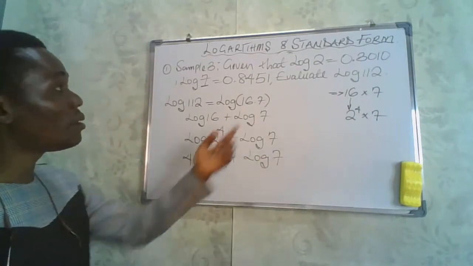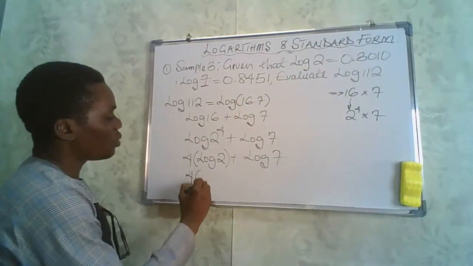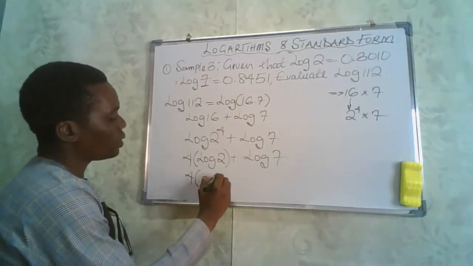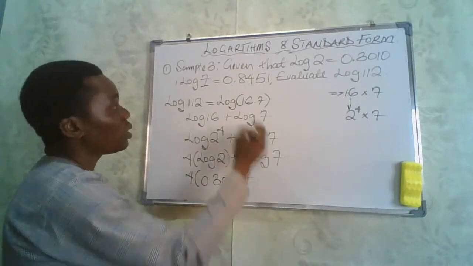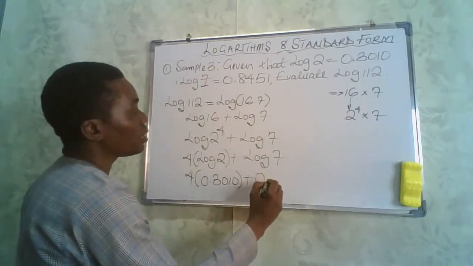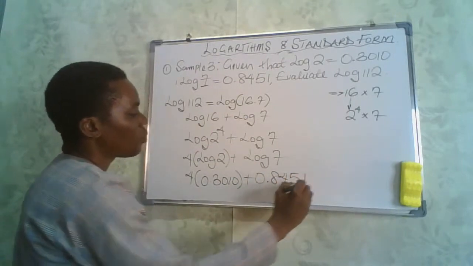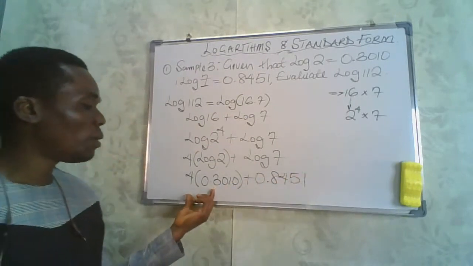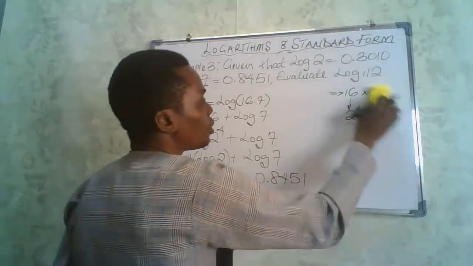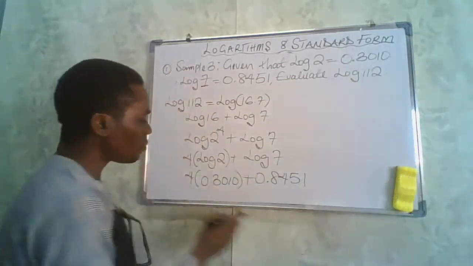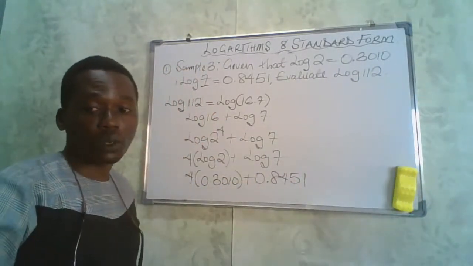So we already have the value for log of 2, so we'll have 4 multiplied by 0.3010, right? Plus the log of 7, which is 0.8451. So if you multiply 4 by this, what is that going to give us?